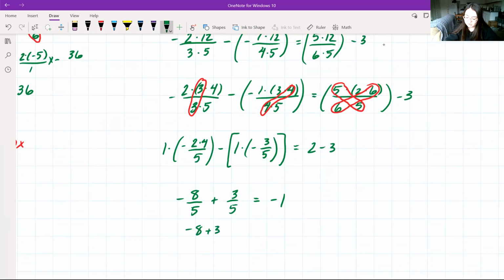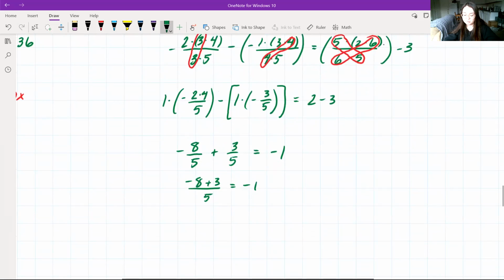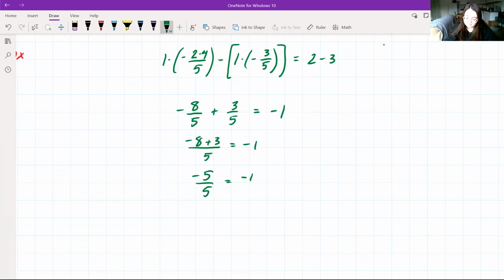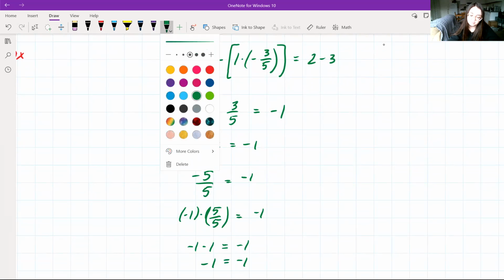Negative 8 plus 3 can be in our numerator since our denominator is 5. Negative 8 plus 3 is going to be negative 5 over 5, which is equal to negative 1. This is also like saying negative 1 times 5 over 5, which is just equal to 1. So this gives us negative 1 times 1, which is just negative 1.